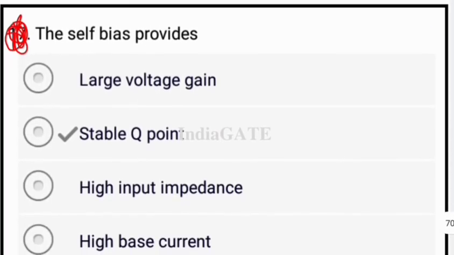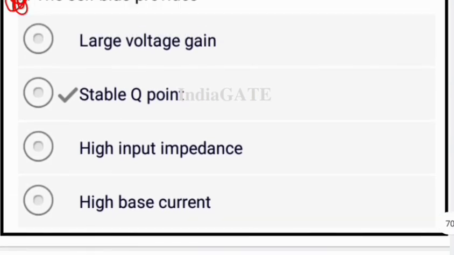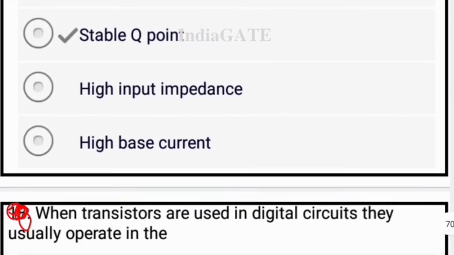Now next is: the self bias provides. So there are 4 options. Option A large voltage gain, option B stable Q point, option C high input impedance and option D high base current. So the correct answer is your stable Q point. Okay, the self bias provides a stable Q point.